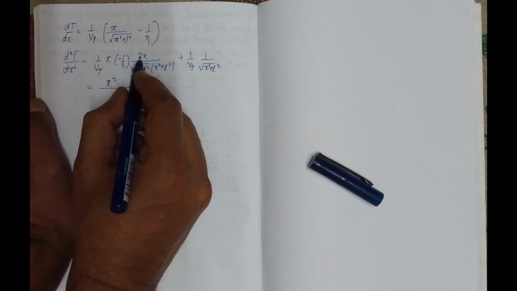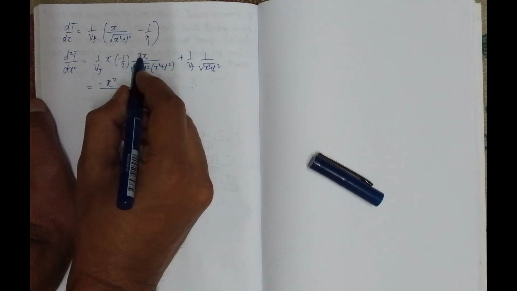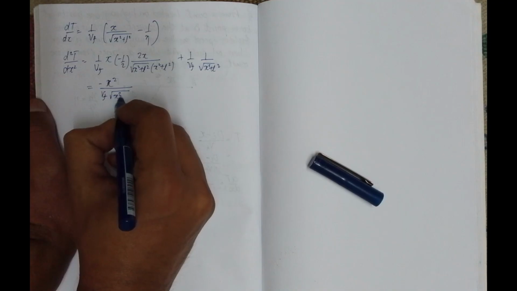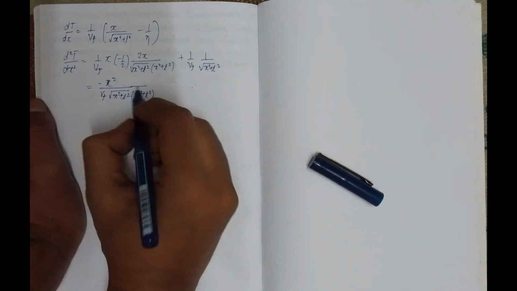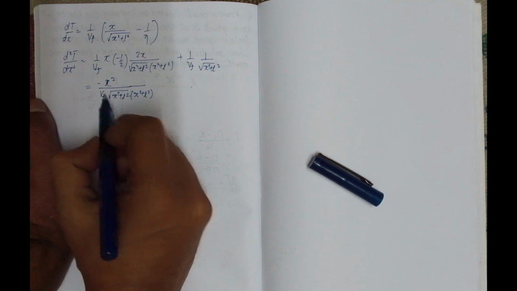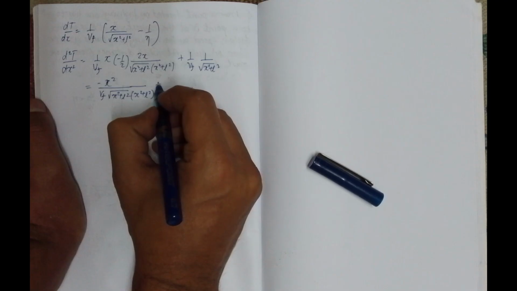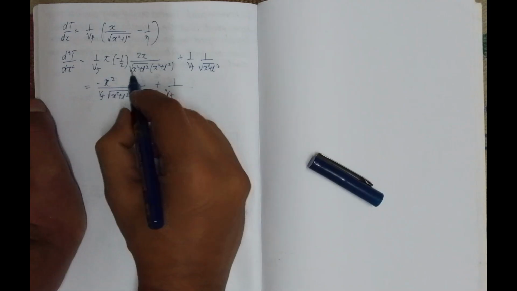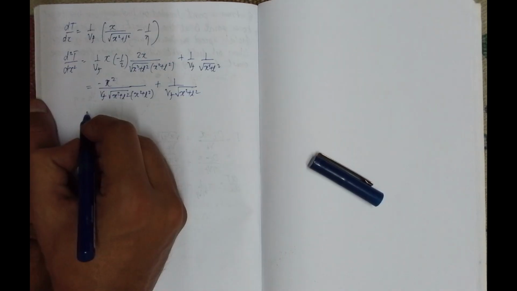What we get is minus x square divided by Vf into x square plus L square to the power 3 by 2, plus 1 by Vf into under root of x square plus L square, which is the same as x square plus L square to the power 3 by 2 in the denominator.